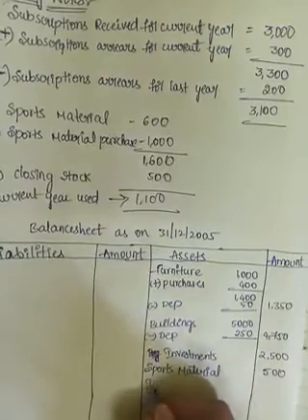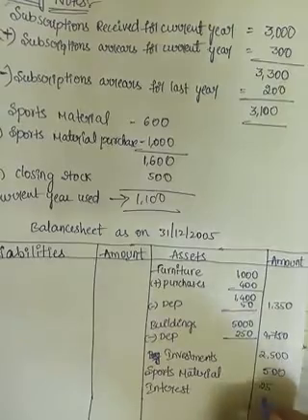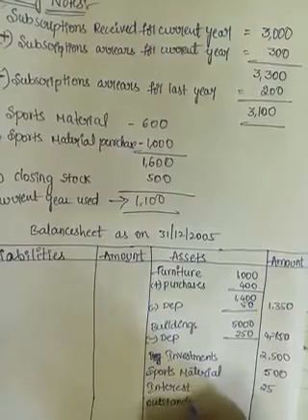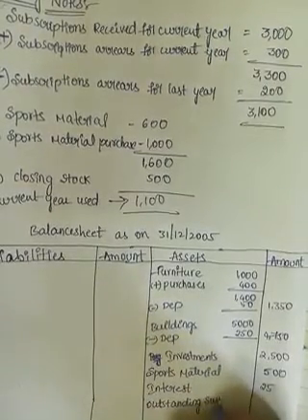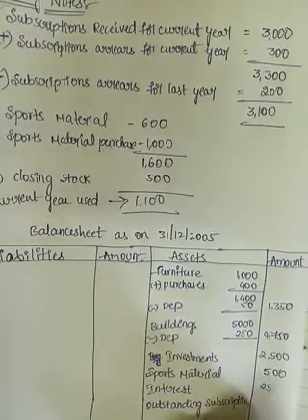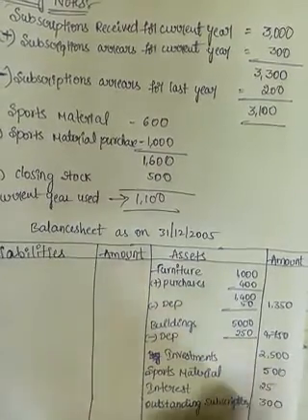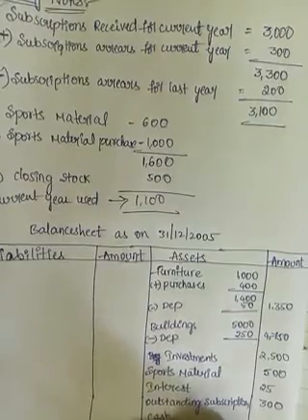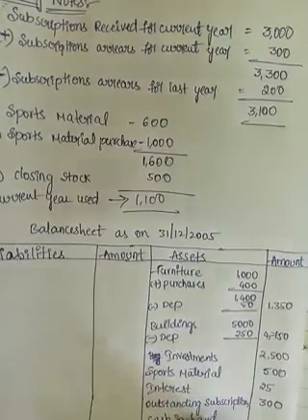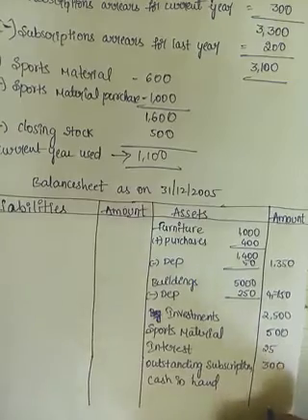Next, interest is 25. Next is outstanding subscriptions. Outstanding subscriptions is 300. Next, cash in hand. This is the closing balance. We find it out under the receipts and payments account. So that is cash in hand. Cash in hand amount is 4,500.